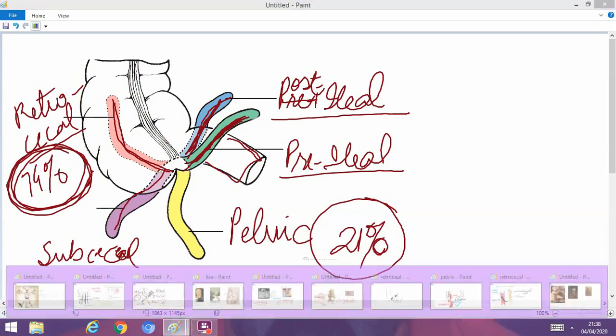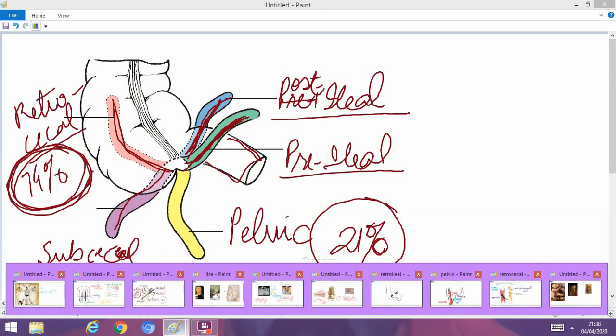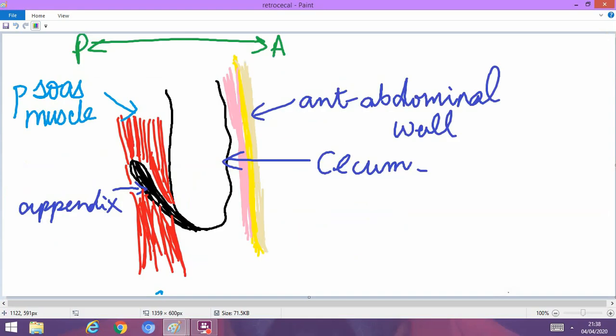For example, if you see the retrocecal position in this diagram, this is the cecum, this is the anterior abdominal wall consisting of the skin, the fascia, the muscle, and this is your appendix lying on the psoas muscle.